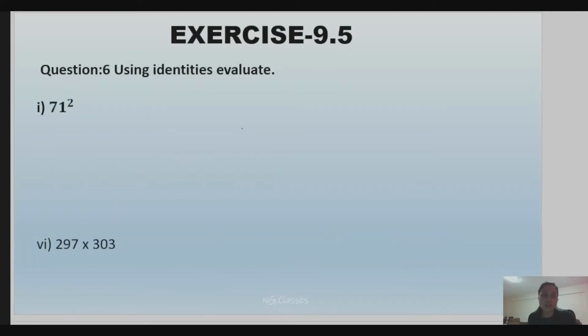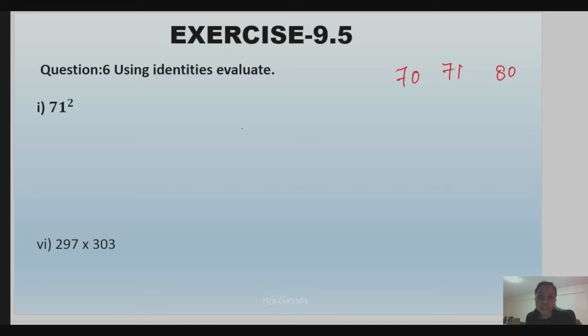Now our next question is, using identities, evaluate 71 square. So here 71 square, we can do it like 71 times 71. But here we have to use the formula to evaluate it. At first, the nearest zero of 71 will be 70 or 80, right?